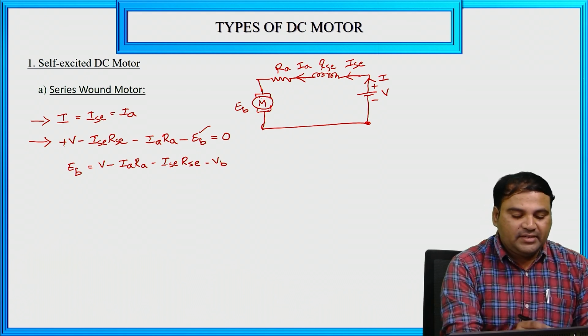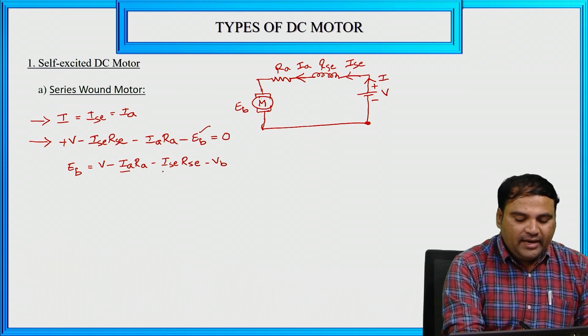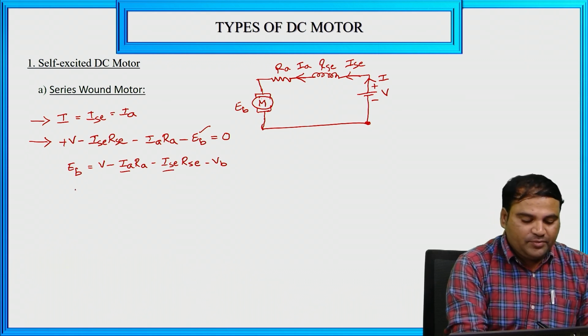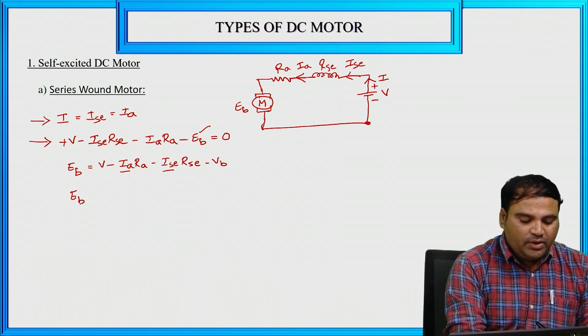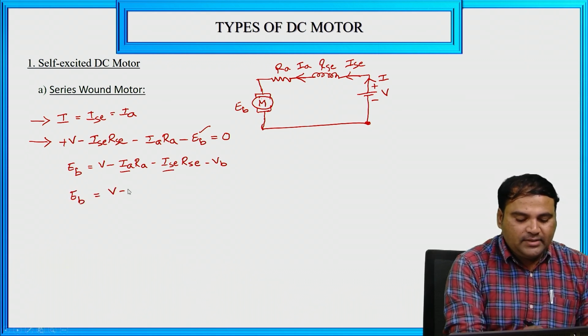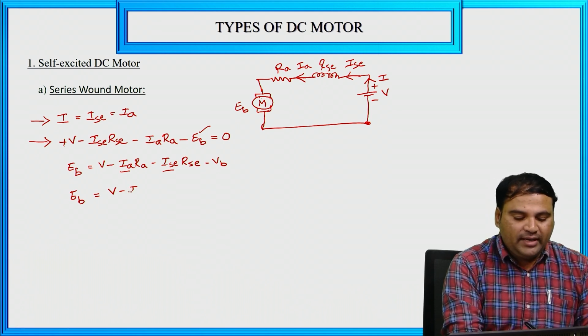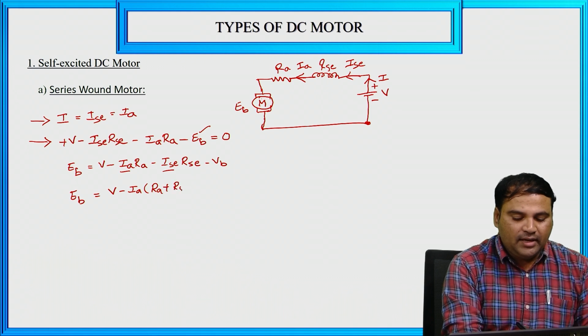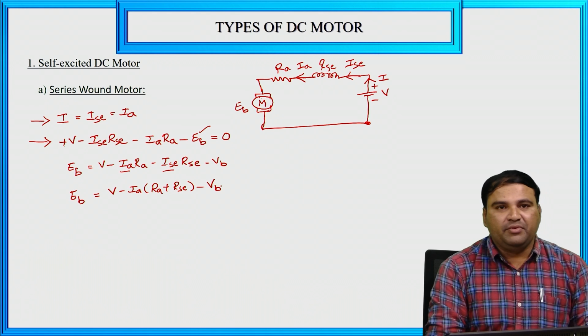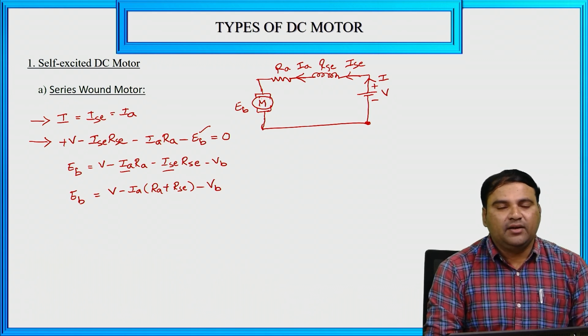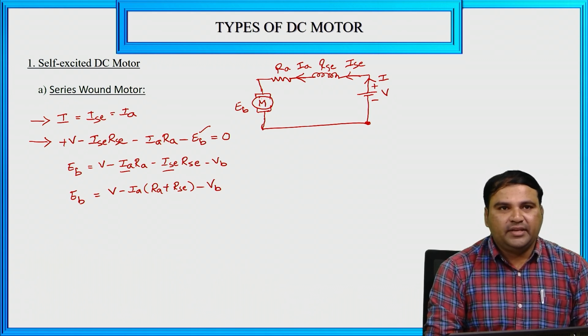In this equation, IA and ISC are both the same. So EB equal to V minus, I am taking IA as a common term, IA into RA plus RSC, minus brush voltage drop VB. Right, here is the voltage relation of the series wound DC motor.